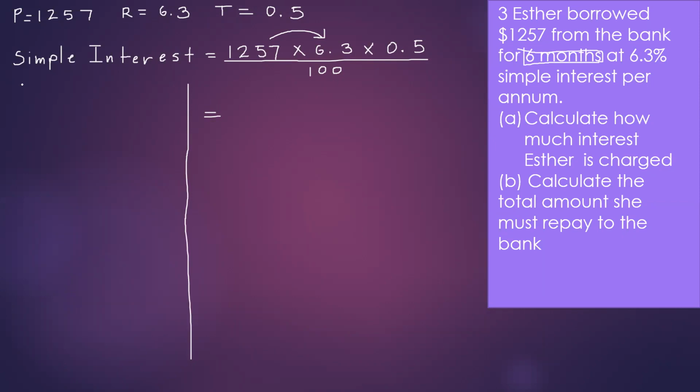So 12,057 multiplied by 6.3. Let me do this properly so we have enough space.